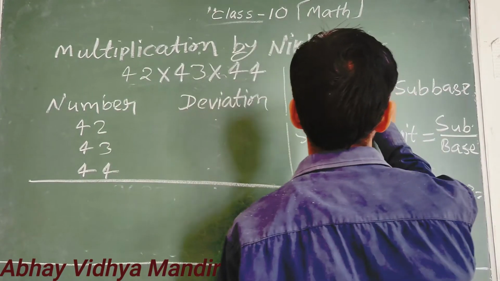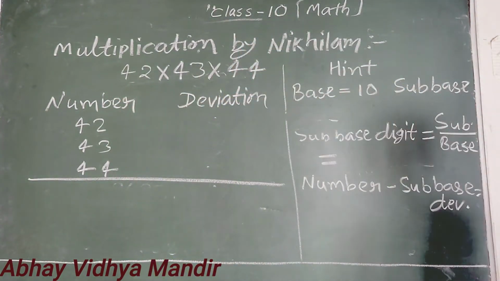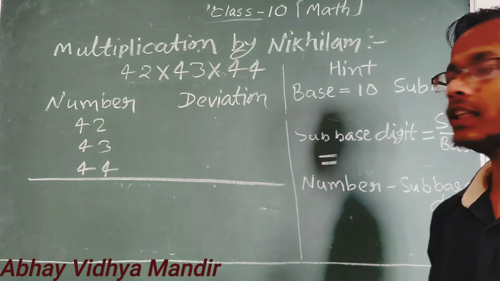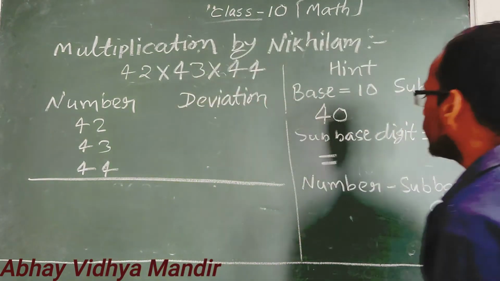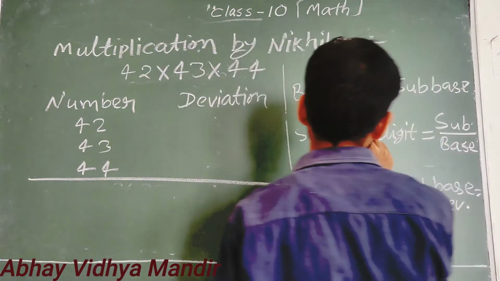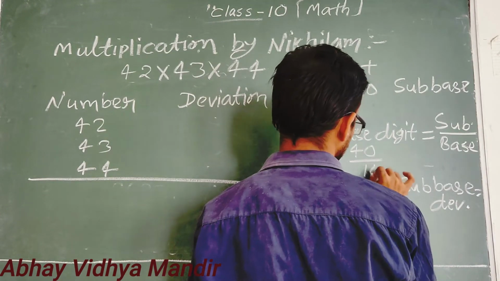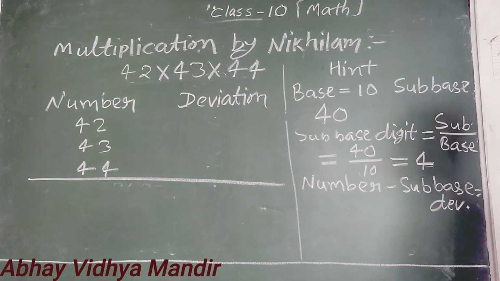Here base is what? 10, because all numbers are 2-digit numbers, so base is 10. Subbase is what? They are in the line of 40, so subbase is 40. Now subbase digit is what? 40 upon 10, so 4. Subbase digit is 4.